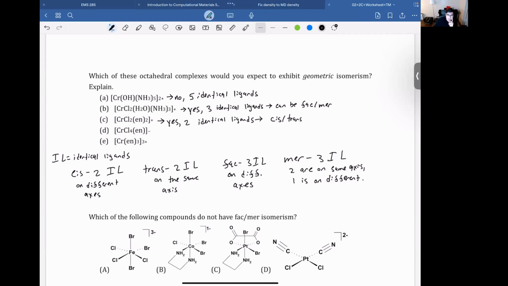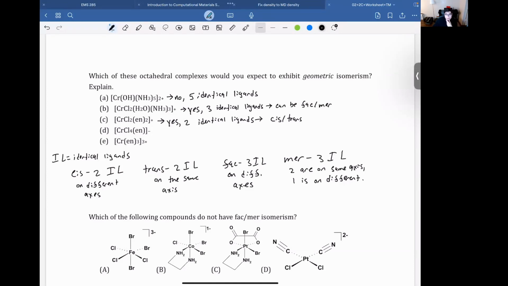This is most easily done by looking at the monodentates. Looking at the monodentates again is just an easier way to do it. You have two chlorines, so those can be on opposite axes from each other. With B, the amines can be fac.